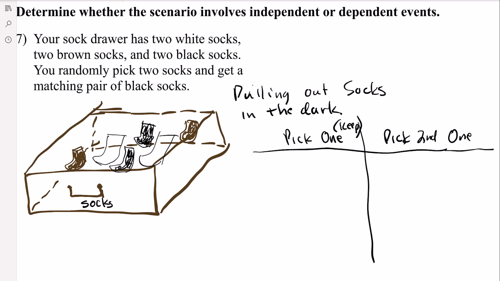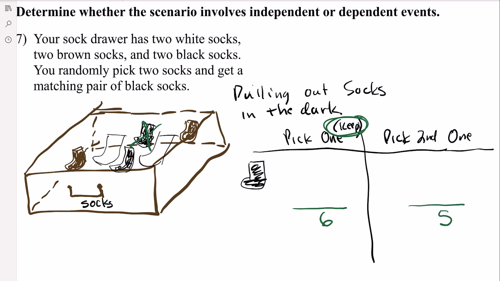So when you pull out one of the socks, you're keeping it. So it started off being a total of 6 socks, but when you pull out a black one, I'm a really bad drawer. When you pull out a black sock, look at what you have left for the second time.